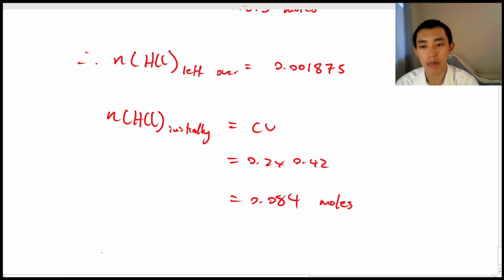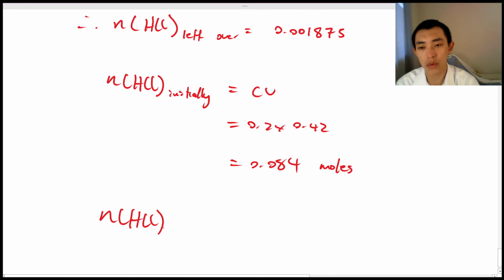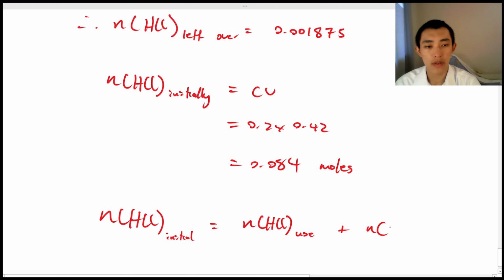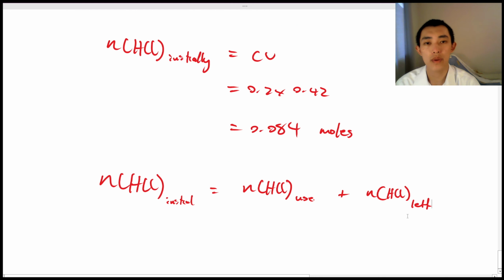So we know that the moles of HCl initially, or total, must be the moles of HCl that we used plus the moles of HCl that are left. We initially have 0.084 moles.